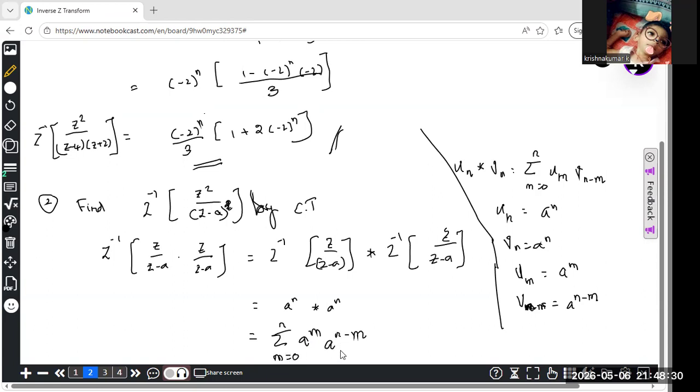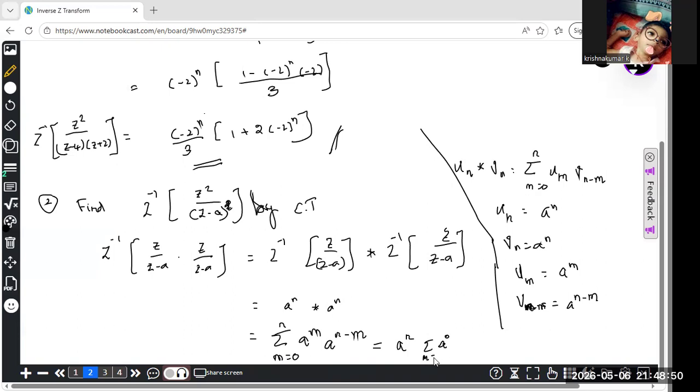Therefore we can take this a power n commonly outside. Summation of a power m into a power minus m will be a power 0, isn't it? Because if you add these powers, you get a power m minus m, so a power 0.